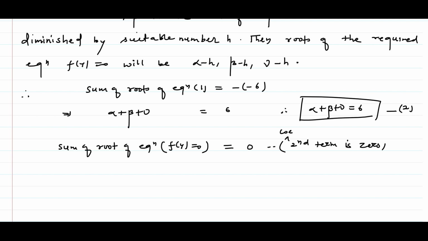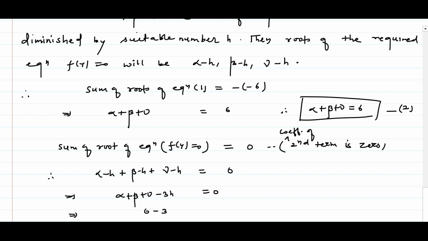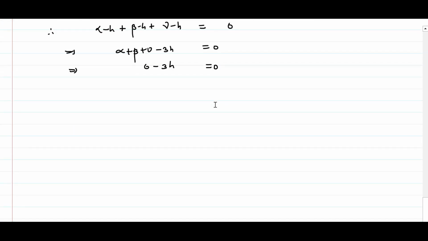We can say that the coefficient of the second term is 0. So by using that, we can write alpha minus h plus beta minus h plus gamma minus h is equal to 0. From here, alpha plus beta plus gamma minus 3 times h is equal to 0. So now from here 6 minus 3h is equal to 0. So therefore we can say that the value of h is equal to 6 over 3, that is 2.